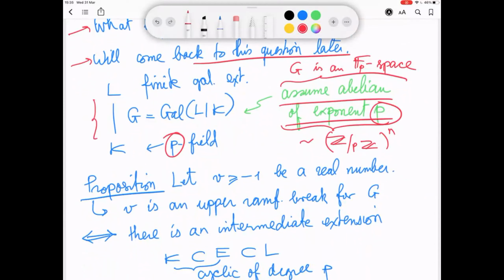K is a P-adic field, L is a finite Galois extension. In fact, it's an abelian extension, and the group G is killed by P, where P is the same prime as the characteristic of the residue field.